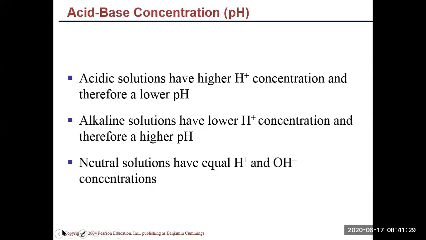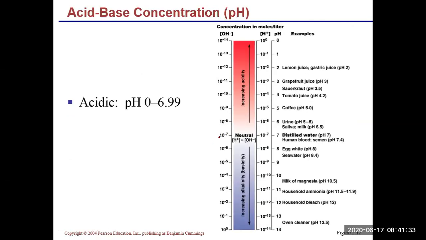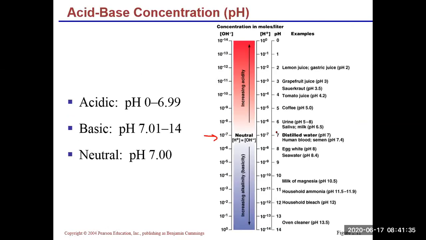So let's go ahead and take a look at the pH scale. On the pH scale, neutral is pH 7. As the pH is reducing, you can see the numbers 6, 5, 4. The pH is getting lower, the acidity becomes higher.